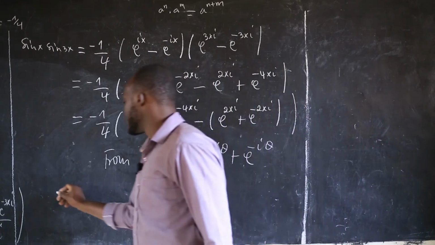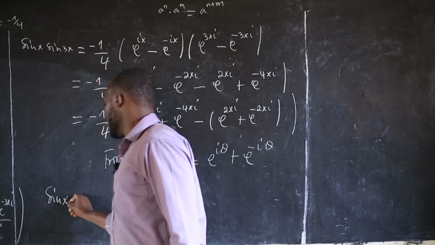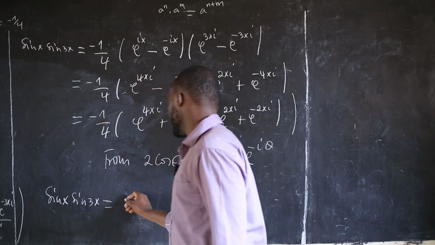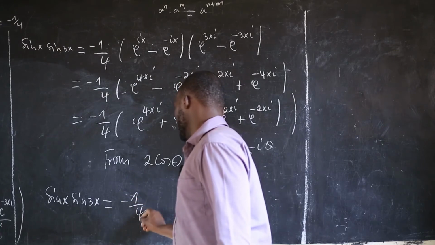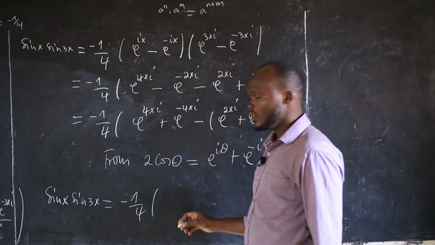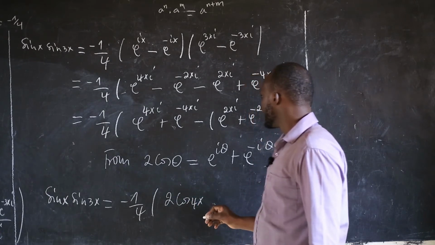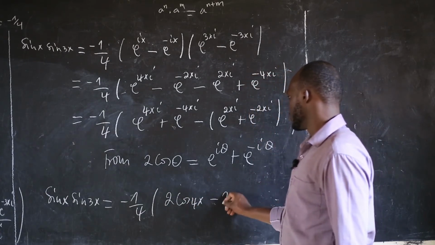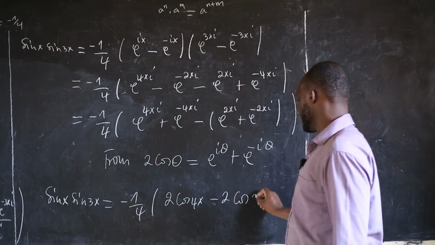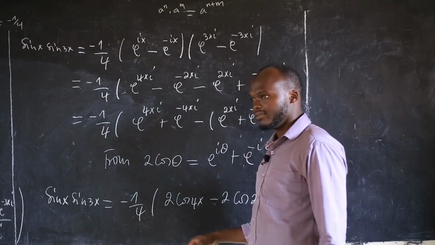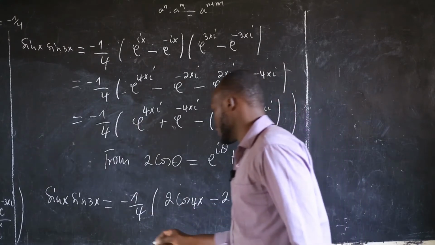So sine x sine 3x is 1 over 4 into bracket 2 cos 4x minus 2 cos 2x. So you can multiply negative a quarter inside the bracket.